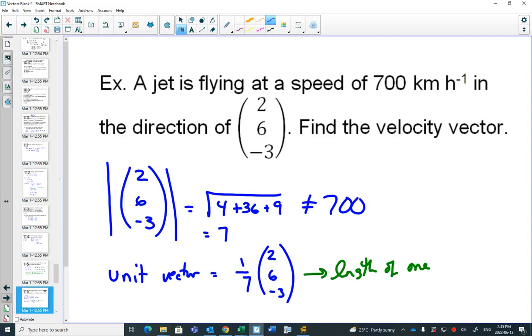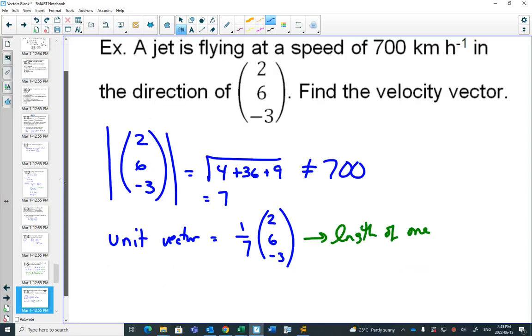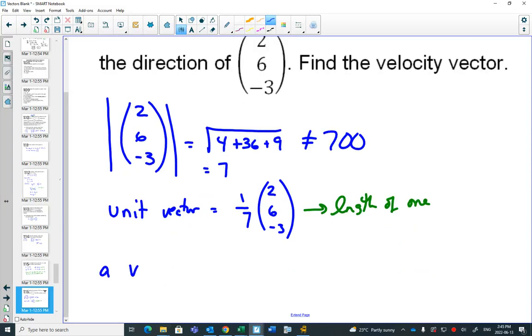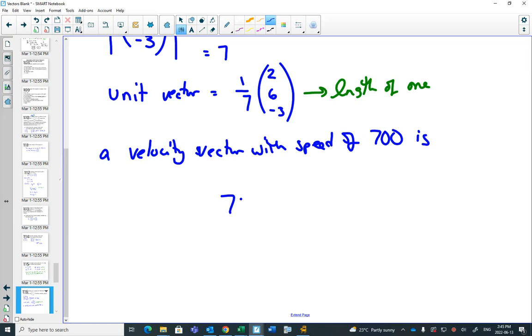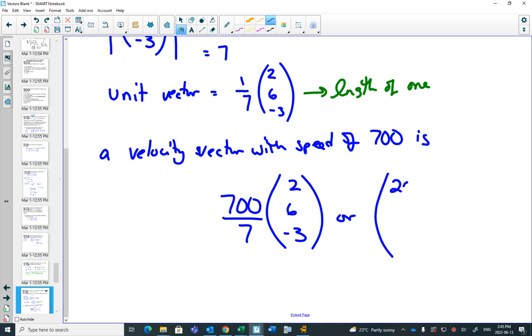And so finding the unit vector is nice, because then you just have to multiply your unit vector by 700 to get your velocity vector to have a length of 700.